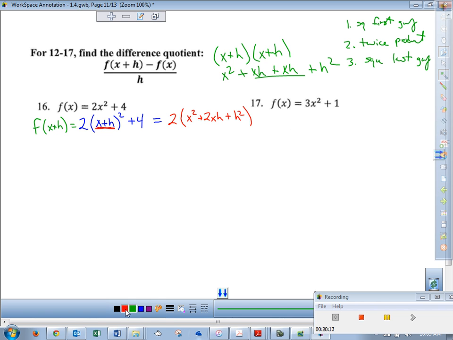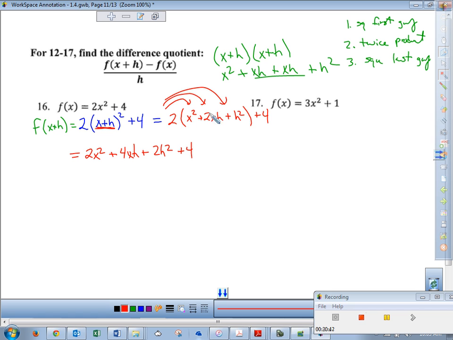And it's still not done, though, because we've got plus 4 on here. I should have done this work straight down instead of trying to go across, because we're going to run out of room. Now we have to distribute the 2 through all of here also. So you really have 2x squared plus 4xh plus 2h squared, and then you still have that plus 4. I'll slow down, see if you're with me.